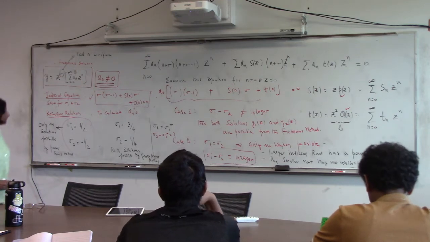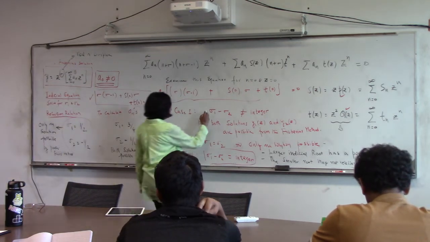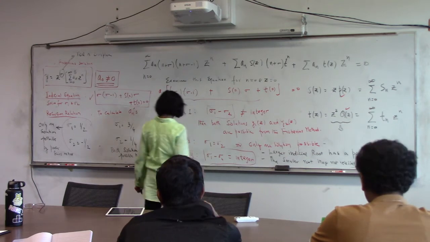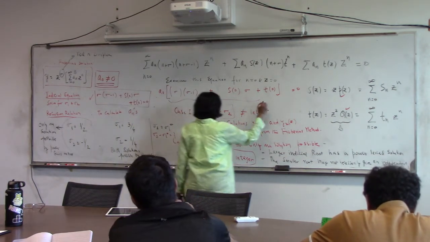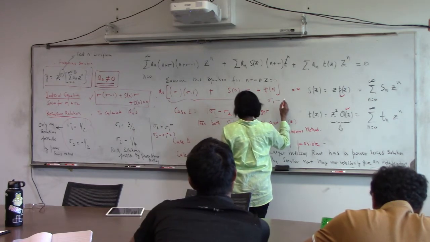So we have to find out what this quantity, sigma 1 minus sigma 2, is.